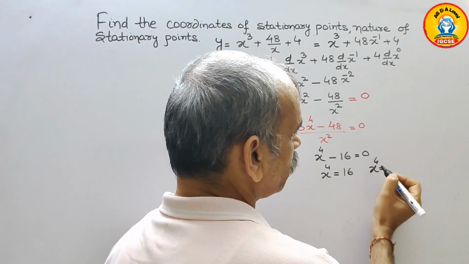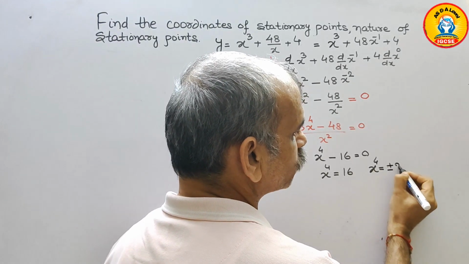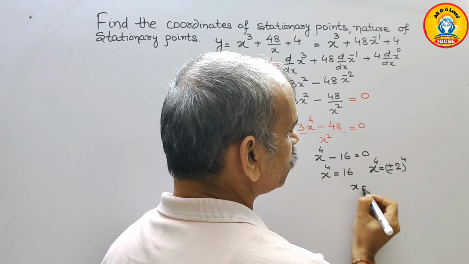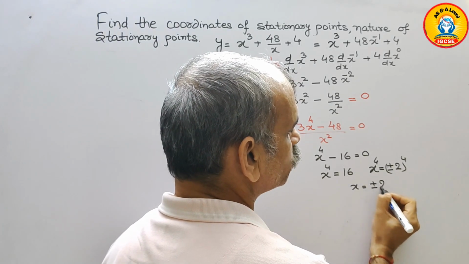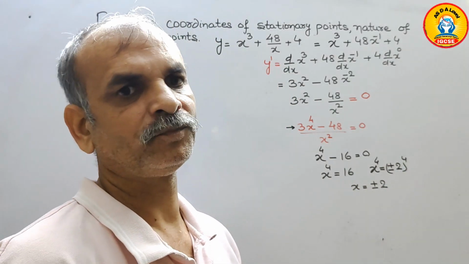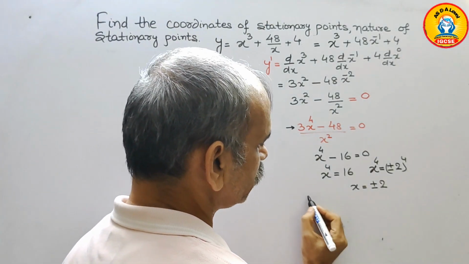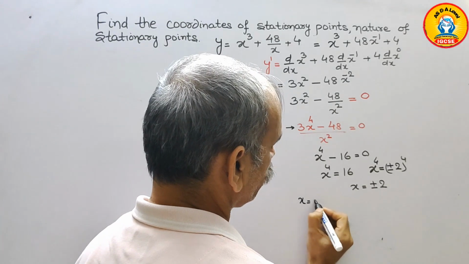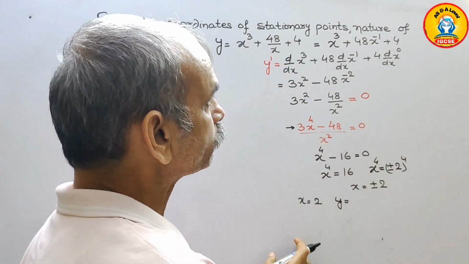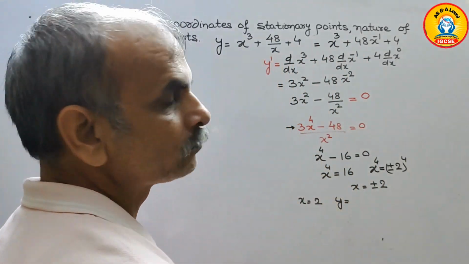So x to the power of 4 is equal to plus and minus 2 to the power of 4, so we can say x is equal to plus and minus 2. So we got two values of x. Now we will find the value of y. First we will take x is equal to 2. Just substitute these values in your equation.